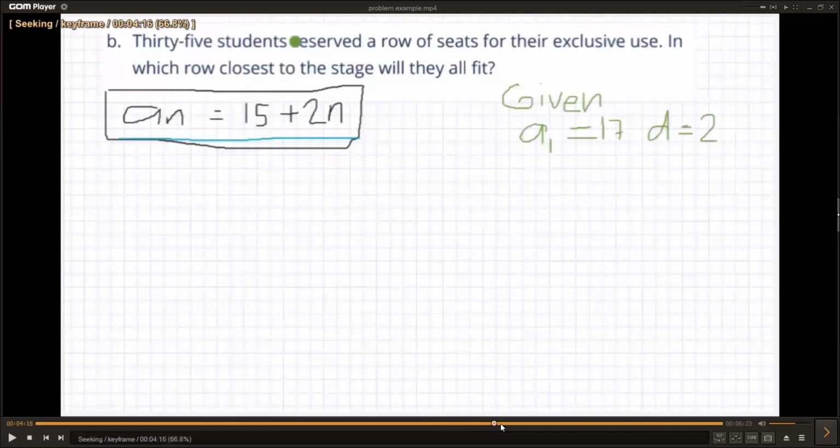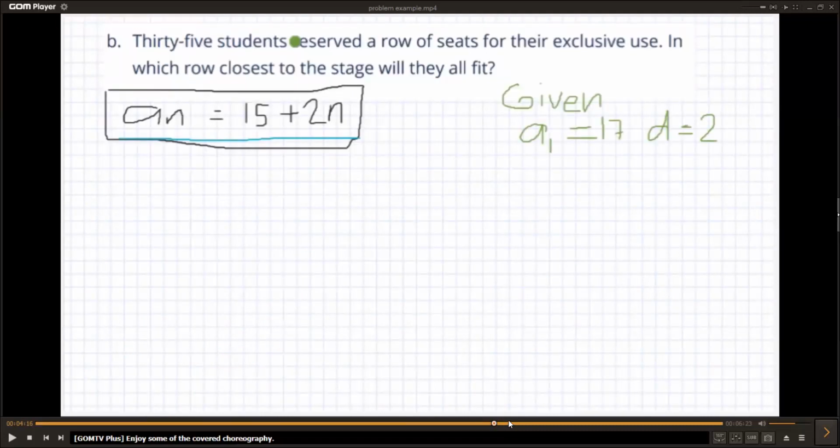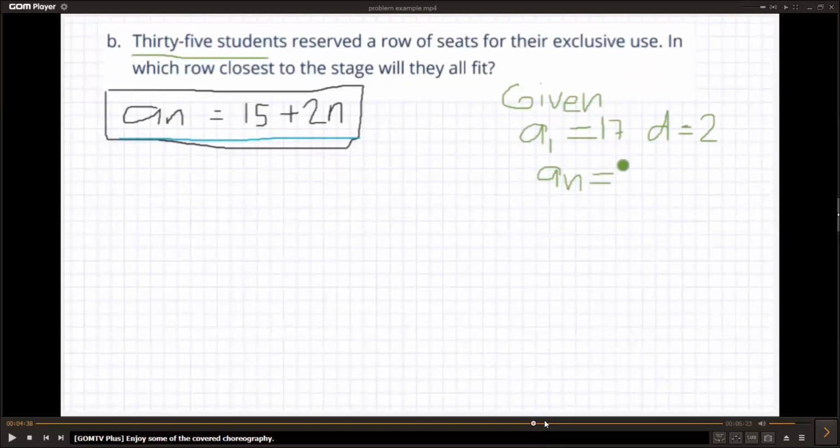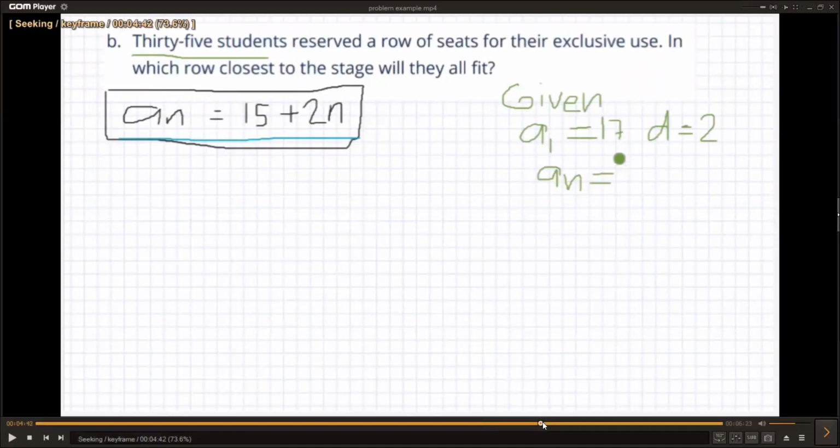Okay, so we got it from the previous problem. The given there is we have the first term, or the first row, equal to 17 seats, and our common difference is 2. Remember that there are 35 students. So these 35 students stand for the nth term, because we do not know yet what term is 35.